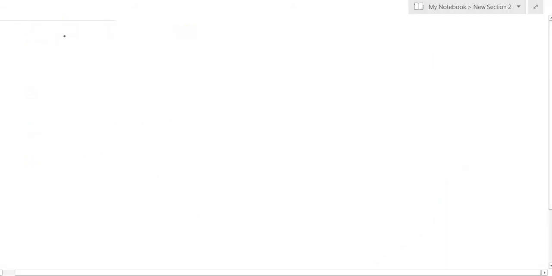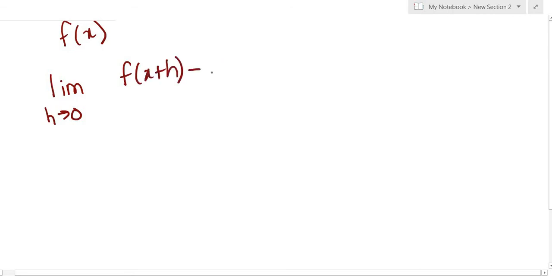So say we have a function f of x. Then the derivative of this function by the first principle at a given point, say x itself, is given by the limit of f of x plus h minus f of x all over h.